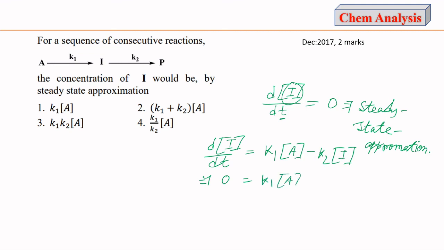So we can write here this thing, and if we solve it we can get the value of concentration of intermediate I, and it will be equal to k1 by k2 into concentration of A. So we can see that option number 4 is the correct answer.